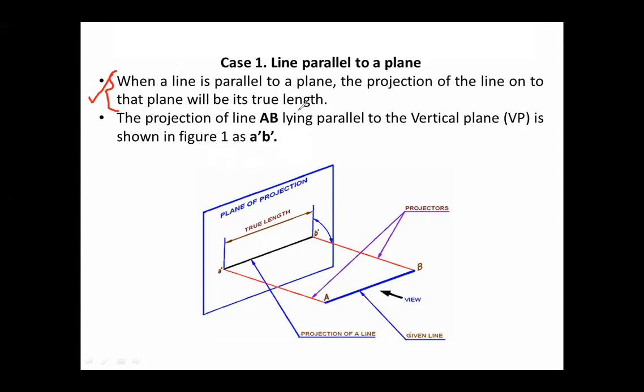Here the projection of line AB lying parallel to the vertical plane, that is VP, is shown. Front view is always shown by a single dash. That's why the actual line was capital AB, and its front view projections are shown by A dash, B dash.